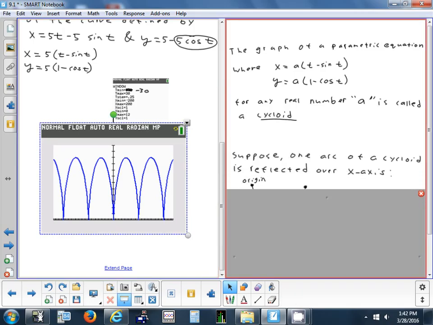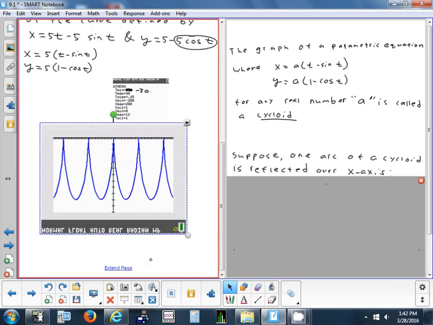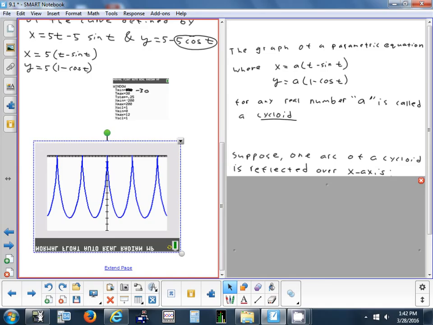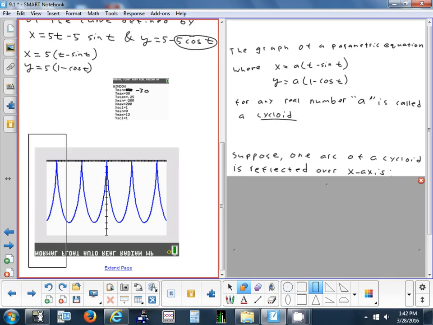Okay. Now, what I'm going to do is take that cycloid and flip it upside down. Make it negative. Or you could just do that. Okay. And I just want to focus on one section of it. So I'm just going to try to block the rest of that out.